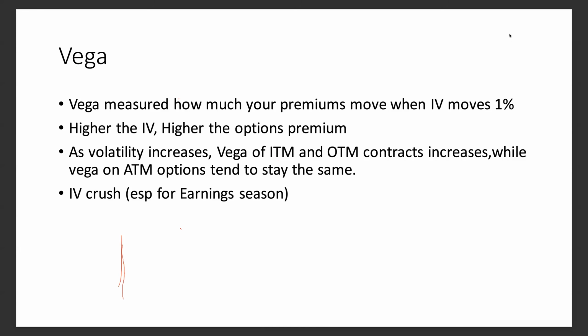The delta you're exposing your portfolio to adds up. If you buy 10 contracts of something with a delta of 0.20, you are exposing your portfolio to around 200 delta to the upside. That doesn't mean that just because you buy 10 contracts, the delta of that particular contract changes. It still stays at 0.20, no matter how many contracts you buy.